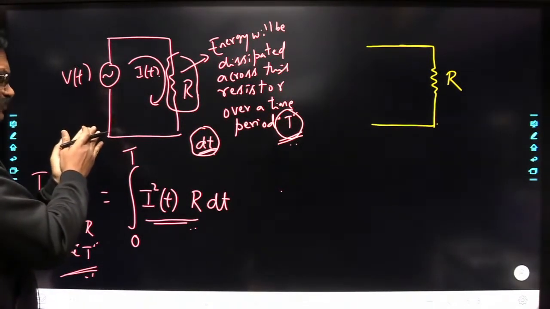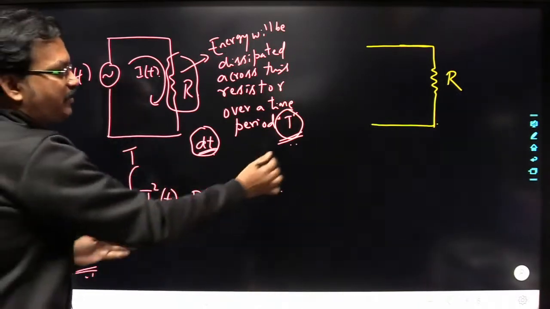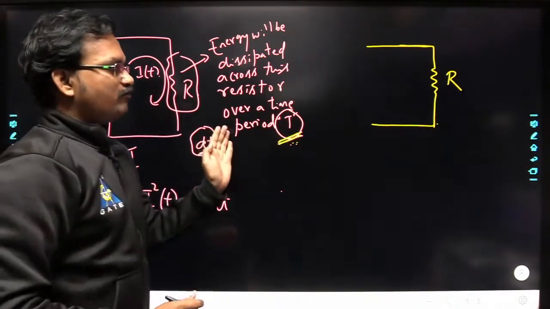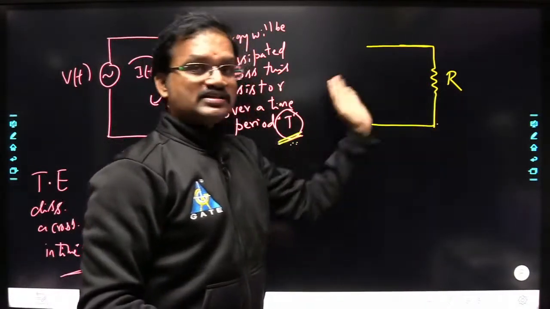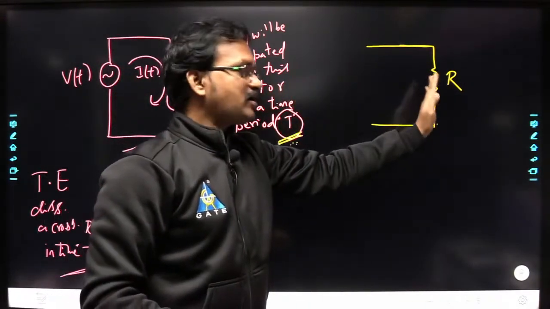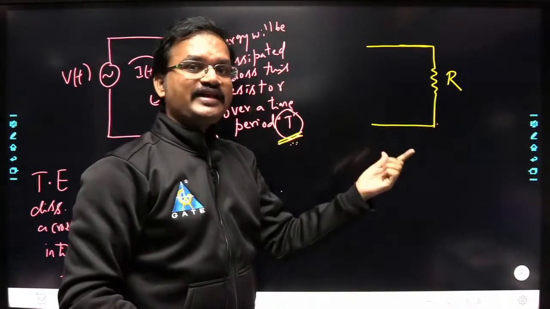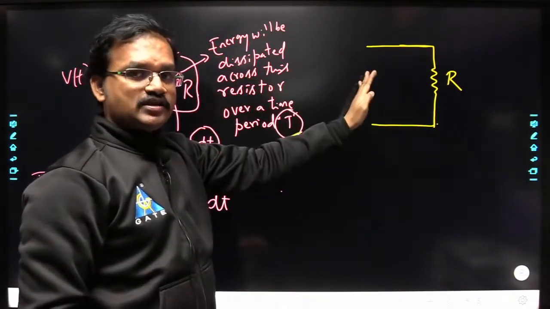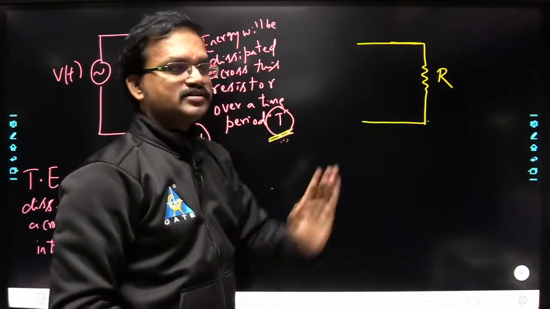Okay, AC in a duration of time t. So for the same amount of energy to dissipate across the resistor R within a time period t, what must be the DC voltage? What must be the equivalent DC voltage that I have to apply across resistor R?